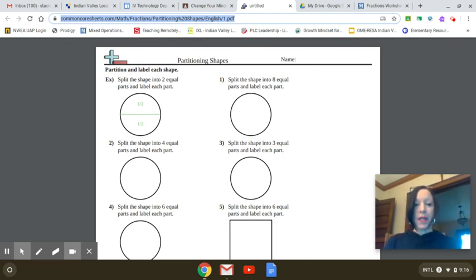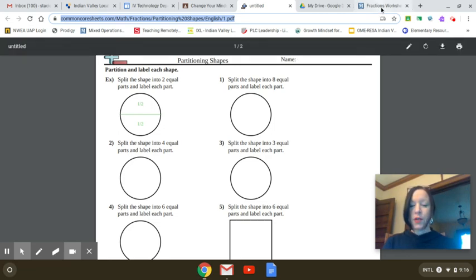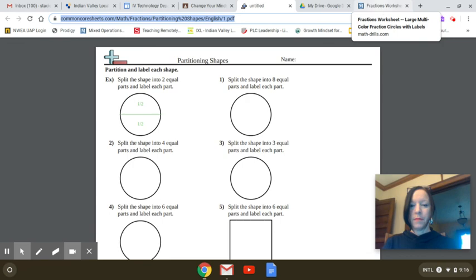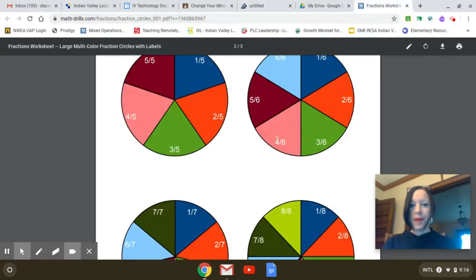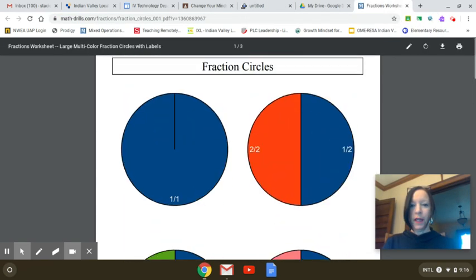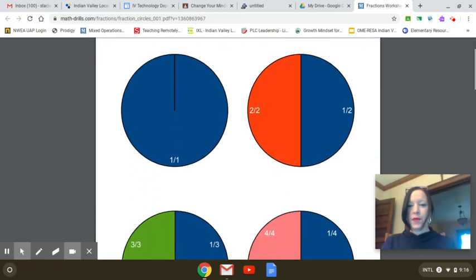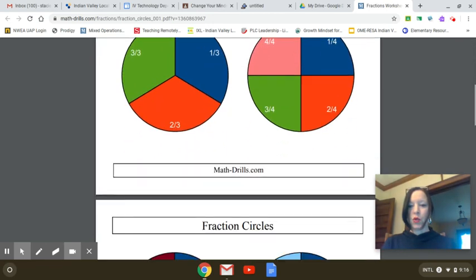It also means, you can see here, split the shape. It's asking you to split the shape into different things each time on the paper. So again, I'm going to attach this paper so that you will be able to split that shape. Hopefully this helps you with splitting circles.